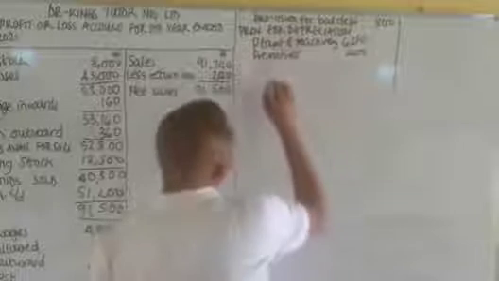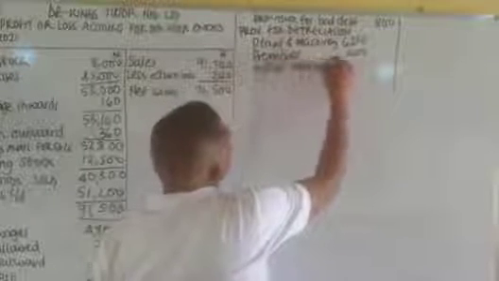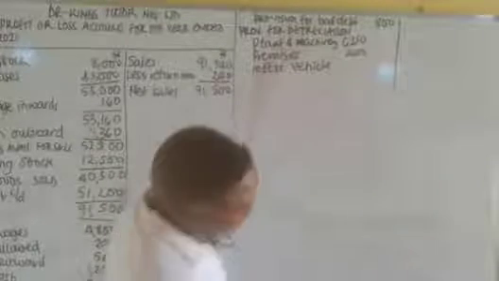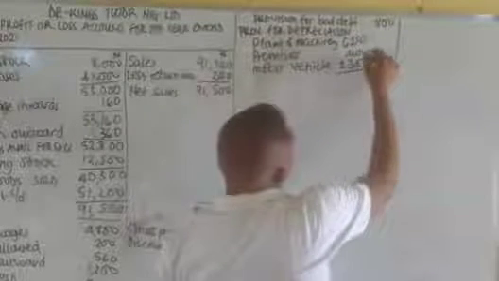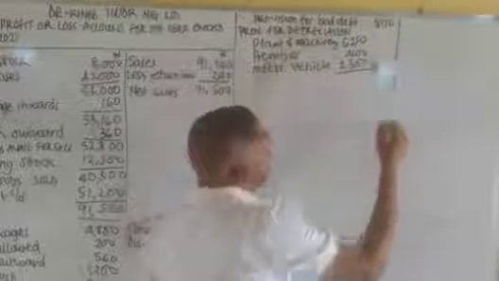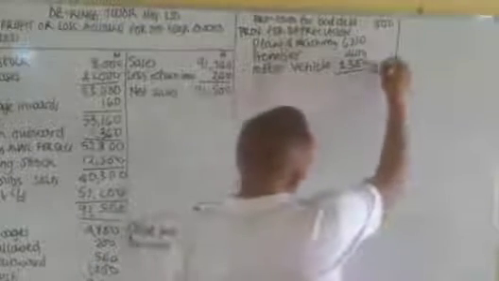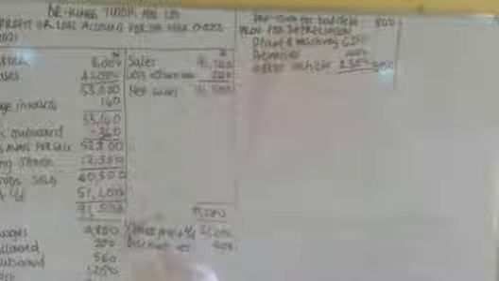The next one is motor vehicle, 2,300. So if we add up, we have 8,950. So that is all the expenses so far.